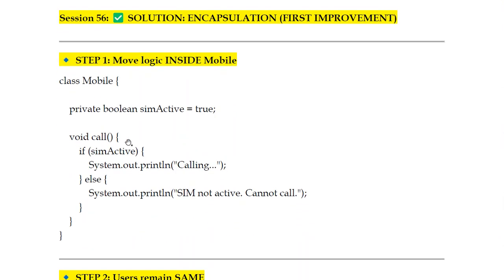Now in this session, we'll discuss encapsulation a little bit, and afterwards interface, because these topics are new to you. In forthcoming sessions, we'll discuss encapsulation and interface in a detailed manner. Now just try to understand what is happening. In our previous session, in each and every class we gave this condition, setting sim active as true in all the classes.